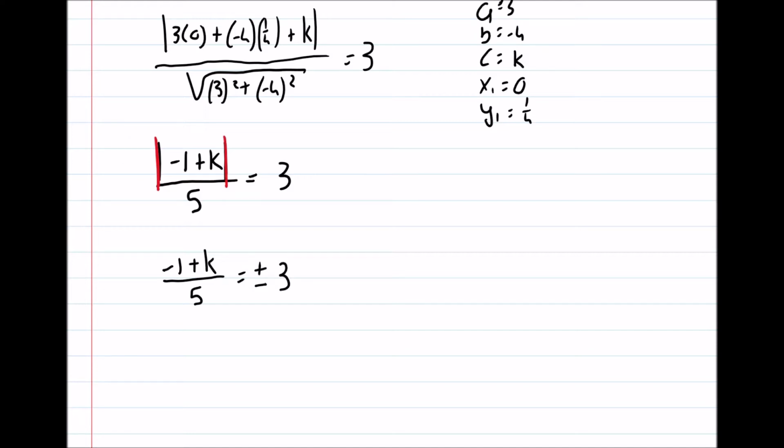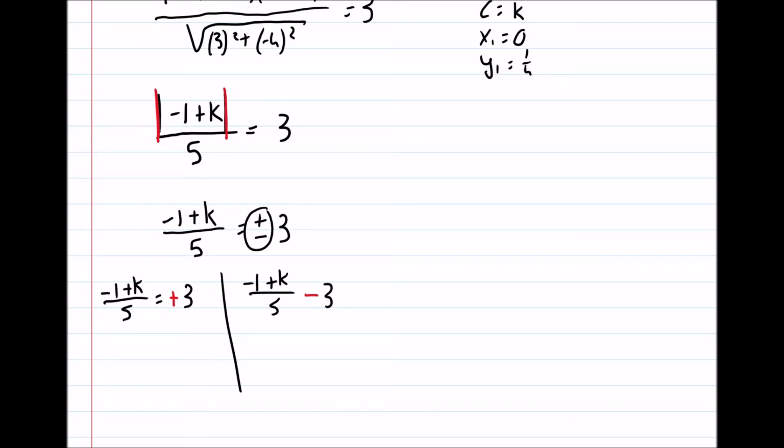So the easiest way is to get rid of the modulus bars and then say plus or minus on the other side. I'm going to do two sums then. We have minus 1 plus k over 5 equals plus 3. And over here I have minus 1 plus k over 5 equals minus 3, to take account of the plus and the minus.